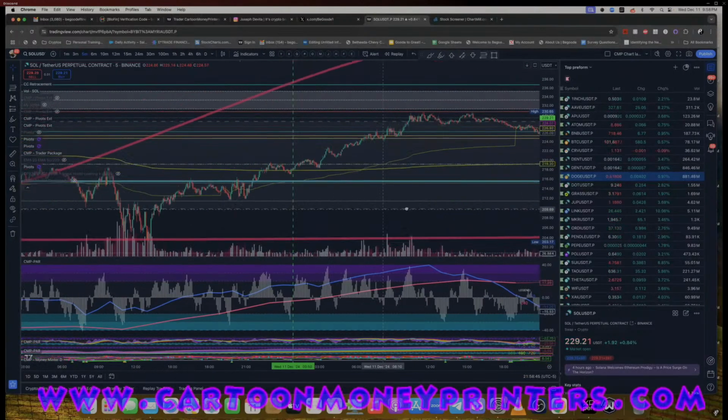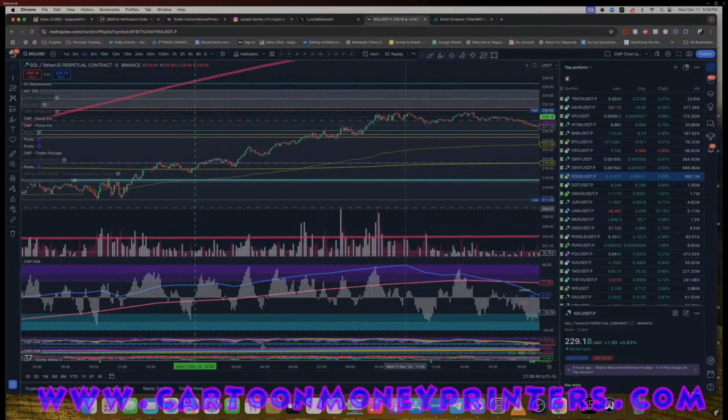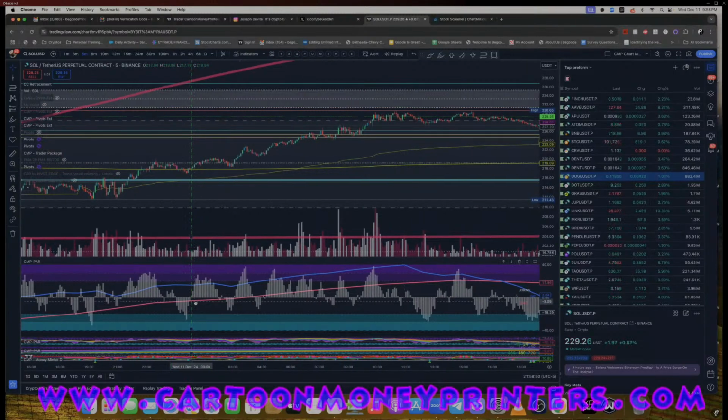Zoom in here. All right, see right here, let me show you. See that little candle? Right there was your re-entry, right? And if you guys are noticing on these signals, you're not getting drawdown, unless the trend changes, of course.